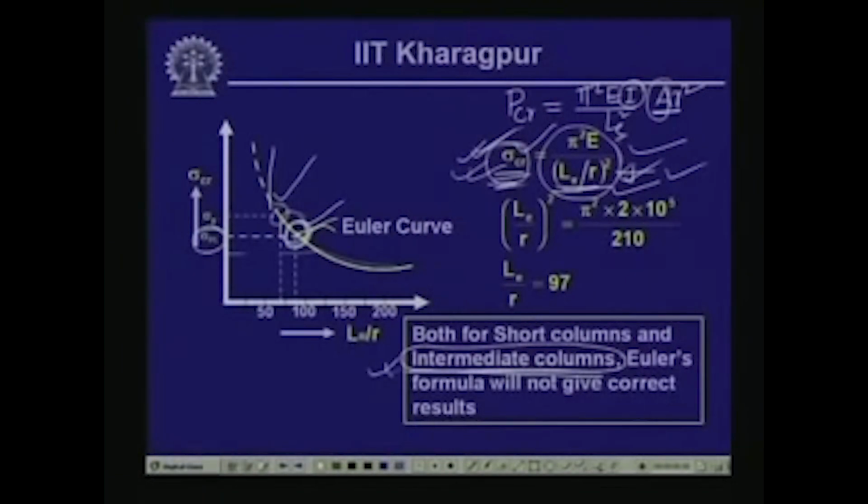As we have seen, short columns fail by yielding or crushing, and long columns fail by buckling. Intermediate columns fail by a combination of these two, yielding and buckling, and they lie in a particular range between the short column and the long column. And for intermediate columns, if we try to find the critical load using Euler's formula, it will not give you the correct result.